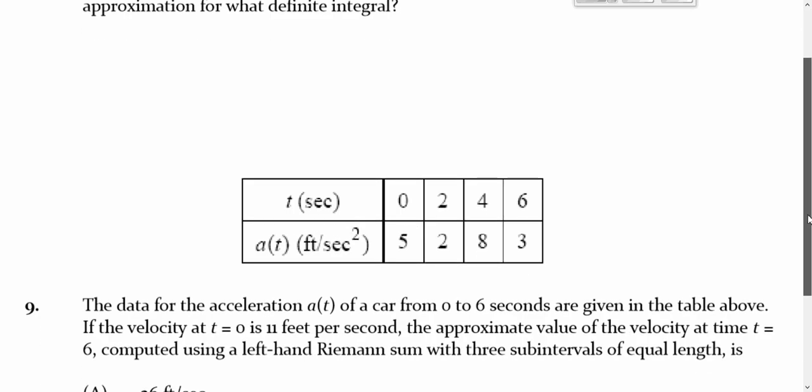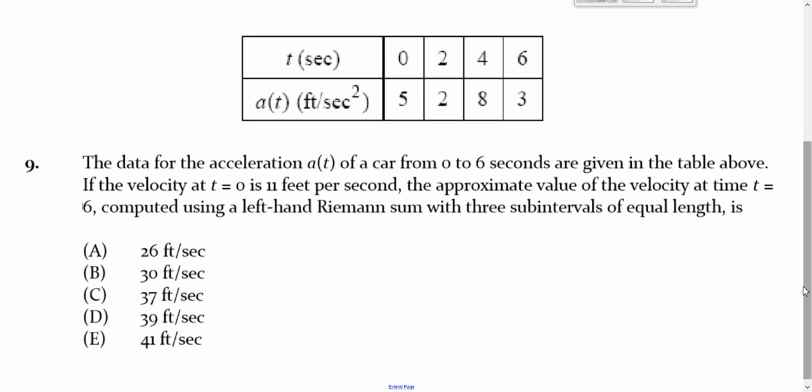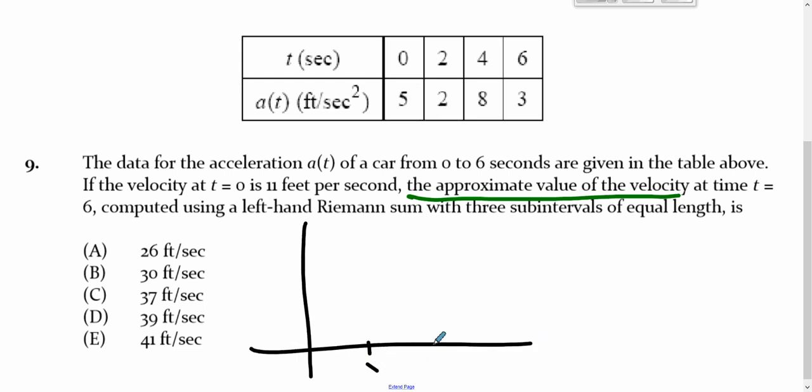One other thing I wanted to give a good hint on was this question. So we're looking for an approximate value of velocity, and we have this acceleration function. We haven't done enough work with tables, so I'd like to do a little bit of work with tabular data. 5, 2, 8, 3.